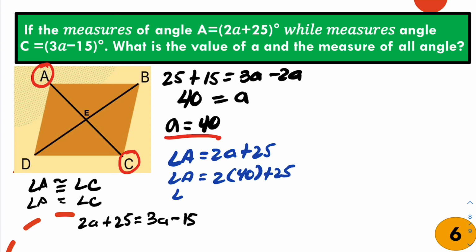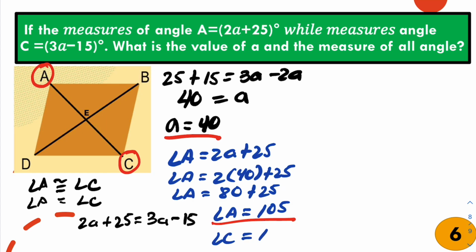We have angle A is equal to 80. 2 times 40 is 80 plus 25. Angle A is 80 plus 25 is, very good, that is 105. Okay, angle A is 105. Since angle A and angle C are congruent, therefore angle C is also 105.